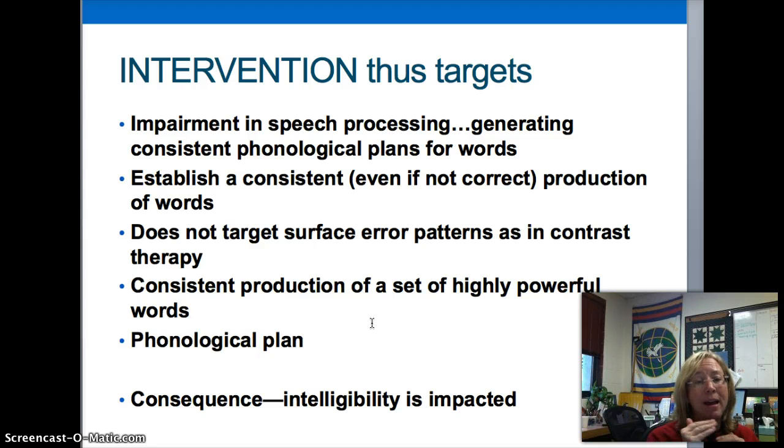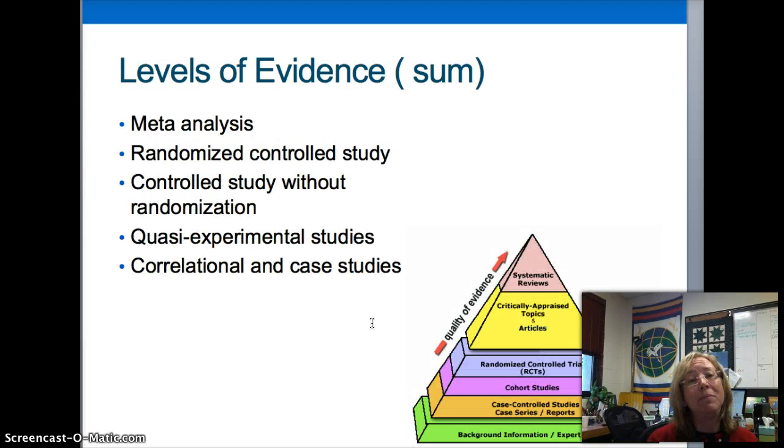Instead, you're going to make that consistent production of a set of very highly useful words for that child and develop a phonological plan for each of those words. The best consequence of this is that intelligibility will be impacted. We have some nice levels of evidence for this procedure.